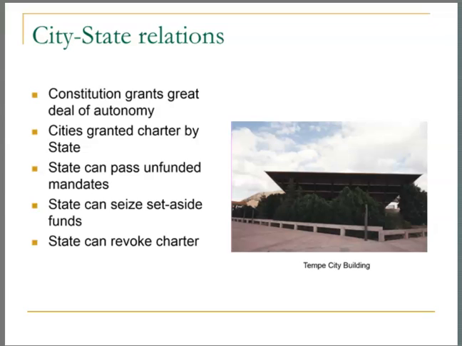Also, cities can reach such financial or legal difficulties that politicians in the state capital have lost confidence in the ability of the people of that city to govern themselves. So it is possible for the legislature to revoke a city's charter, though this rarely, if ever, occurs.